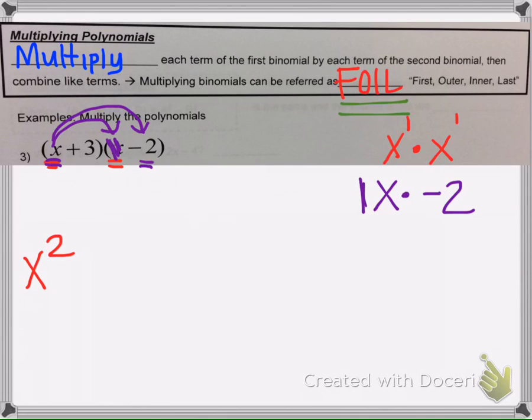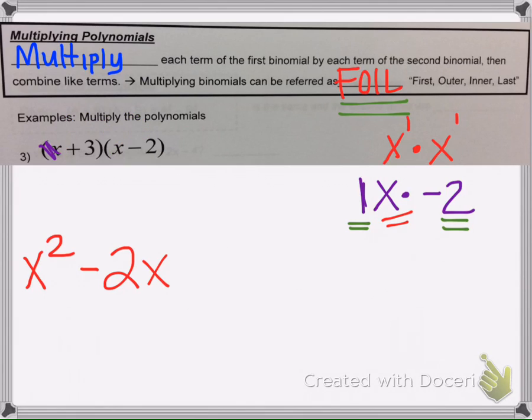So we're going to multiply the coefficients. 1 times negative 2 is negative 2, and then we have an x. Okay, so we just multiply this x by both of these. Now I'm done with this. Now I'm going to take this positive 3 and multiply it by both of those. So I have positive 3 times x.